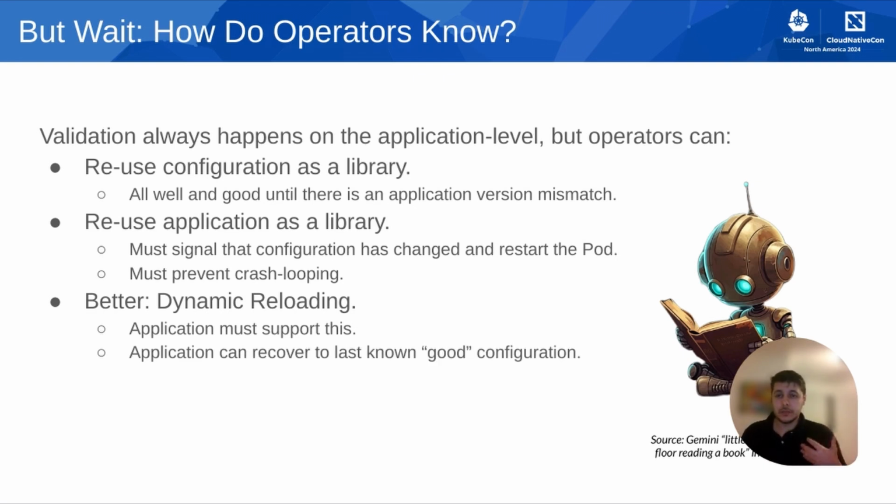Ideally, with this method, your application should be able to recover to the last known good configuration. So, for example, if you push a bad update and it's not good, then it should restore your last good update, and that's so that you have a single source of truth, and you know exactly what the live configuration is. So you can always check on it, and you can see, okay, this is what my application's actually running. My last update didn't go through, but I can see this is running.